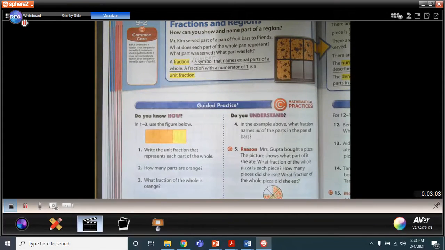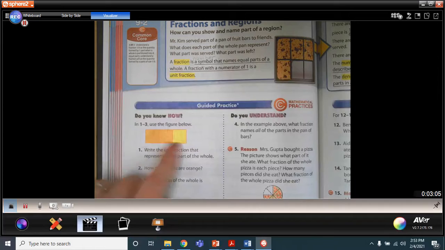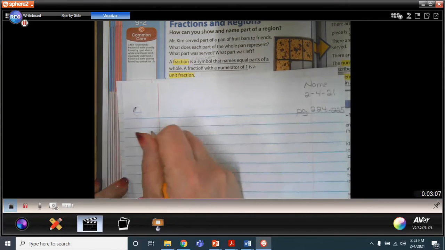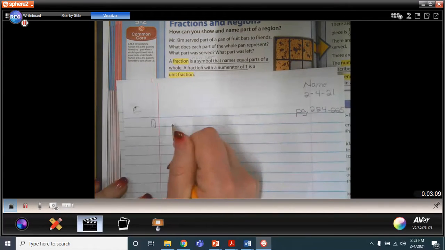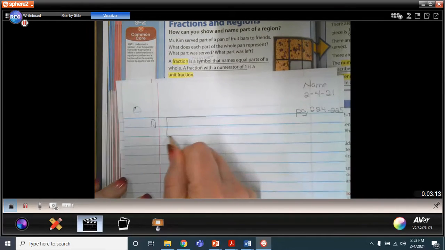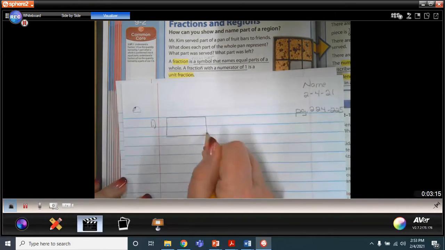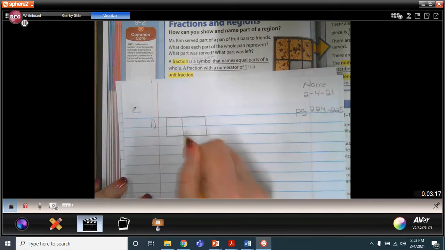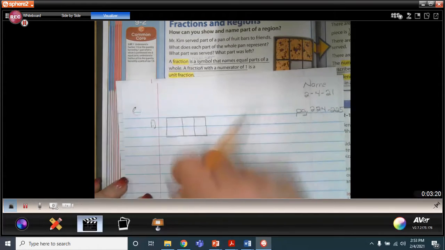So when I draw, I'm going to draw this on my paper. I'm going to put number 1, and I'm going to draw a rectangle. And I'm going to break it up into 3 equal parts as best as I can.